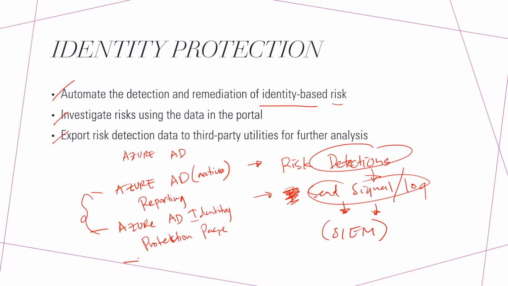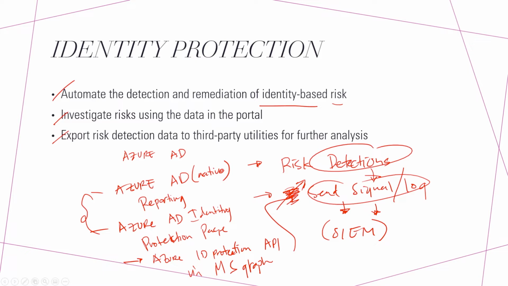If you are a more advanced user, you could also use the Azure Identity Protection API via MS Graph. On the exam, they won't expect you to know the code or the scripts in order to use the Identity Protection API, but it's important to know that you can also use this tool or feature in order to view risk detections.